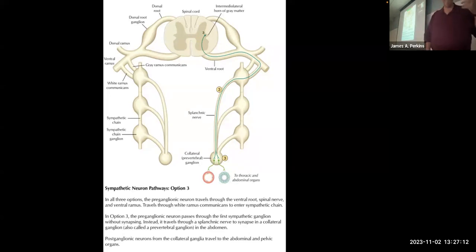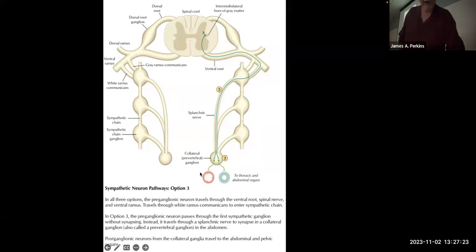But the synapse is now going to occur in this collateral ganglion down in the abdomen. And then the postganglionic neurons from that collateral ganglion will then continue to primarily the abdominal organs, since these collateral ganglia are primarily down in the abdomen.